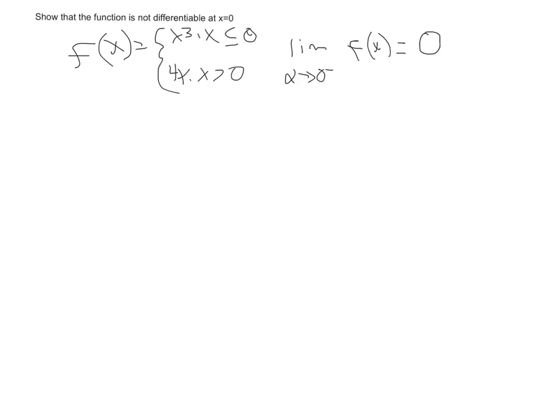The limit as x approaches 0 from the right of the function f of x is going to give me 4x minus 0 over x, which gives me the limit of 4x over x, which is equal to 4.